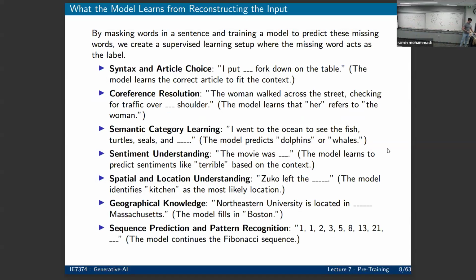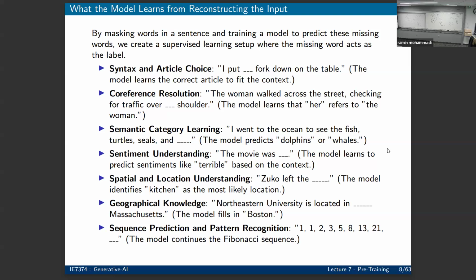Now, in here, basically what you can see is that, for example, if you think about syntax and article choice, say you leave something empty and say that fork down on the table, and the model needs to pick the correct article to fit that context. Or coreference resolution: the woman walked across the street checking for traffic over her shoulder, the model needs to understand the coreference, her shoulder.